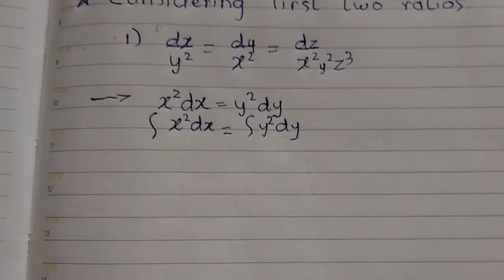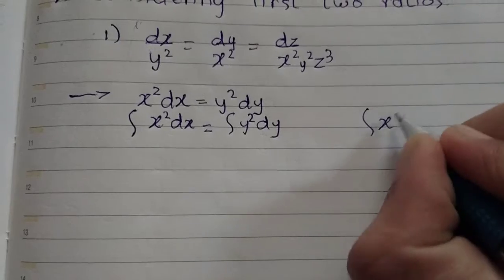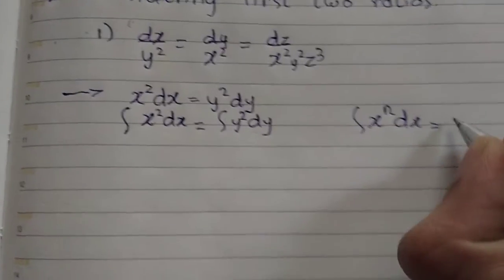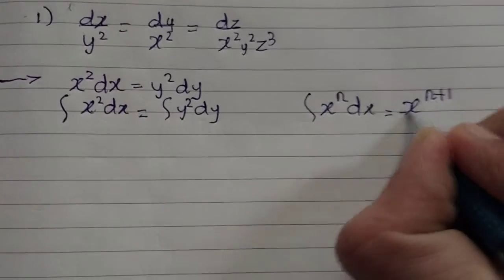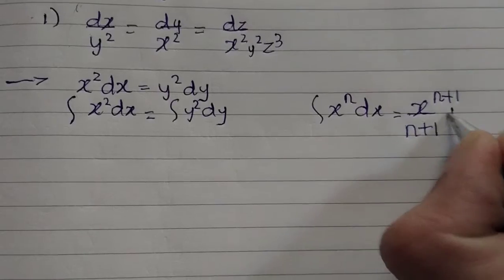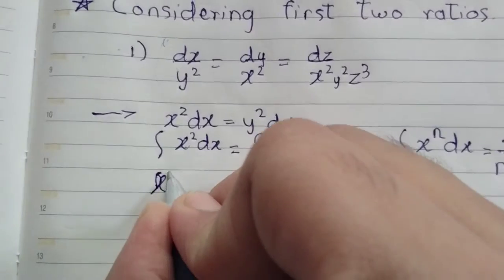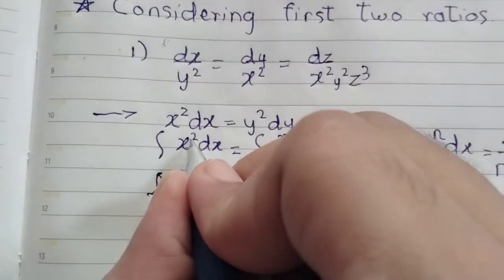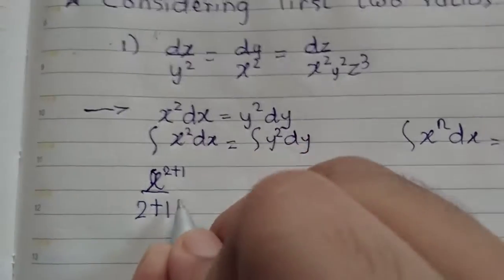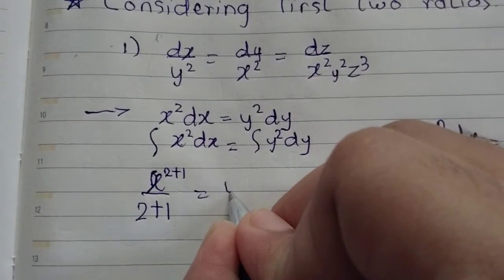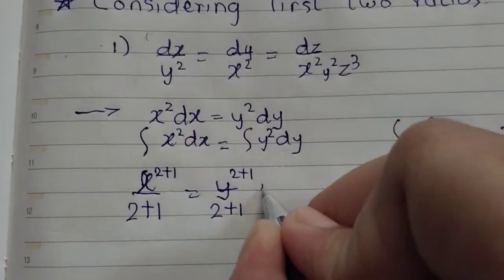Now as you have seen previously in the integration formulas video, integration of x raised to n is equal to x raised to n plus 1 upon n plus 1 plus c. So now here it will be x raised to 2 plus 1 upon 2 plus 1, here the value of n is 2, is equal to, again y raised to 2 plus 1 upon 2 plus 1 plus c.